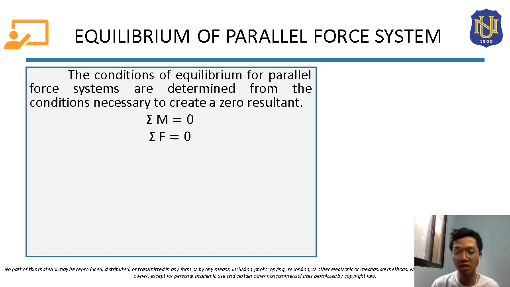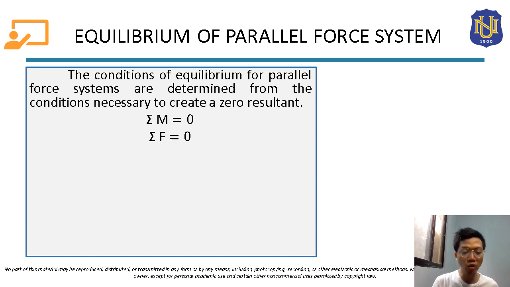Meaning to say the resultant of that parallel force system is zero. And if the resultant is zero, the summation of forces, whether horizontal or vertical, will just be equal to zero. And the summation of moment at any point will also be equal to zero.